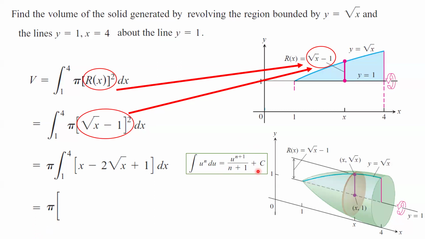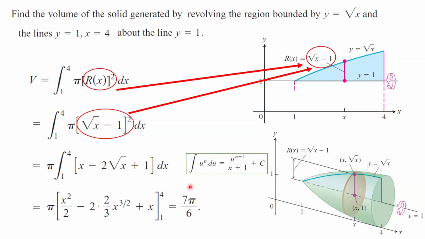The integral of x is x squared divided by 2, minus 2 times the integral of square root of x, which is 2/3 x to the 3/2, plus the integral of 1 dx, which is just x. x ranges between 1 and 4. When you plug in 4, then you plug in 1, do the subtraction, it becomes 7 pi over 6.